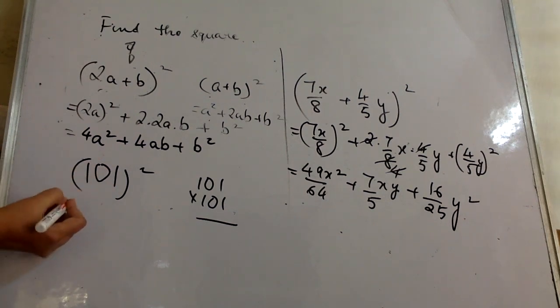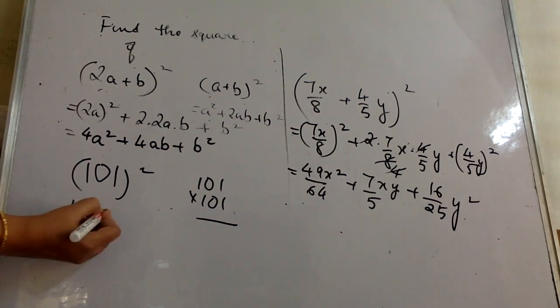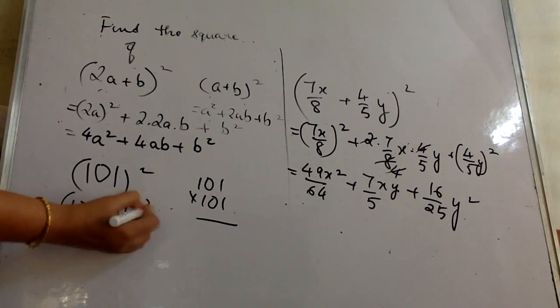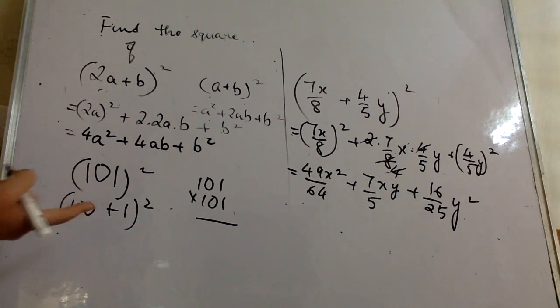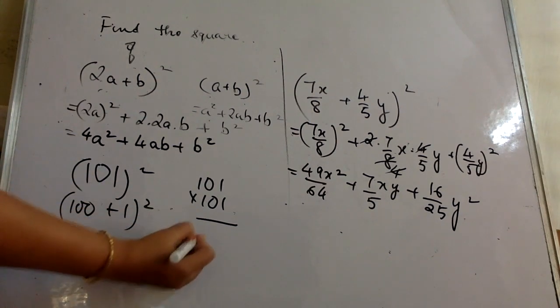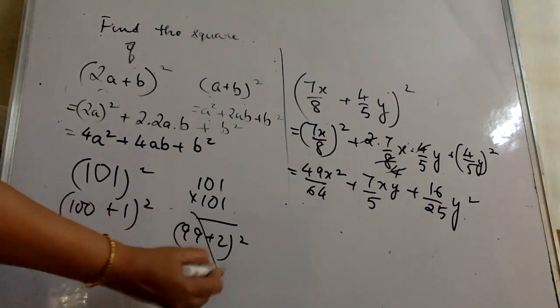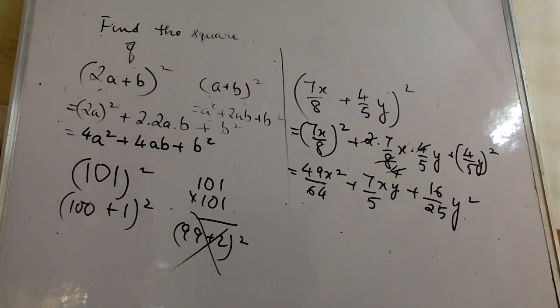Now, there are many ways of writing it as a plus b whole square. Firstly, this is one method of writing it as a plus b whole square. The second method is, I can also write it as this. But this is going to be the incorrect way of splitting it. Why? Because whenever I split it, I should make my calculation easy.